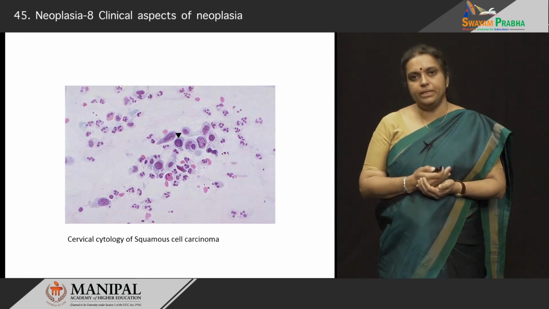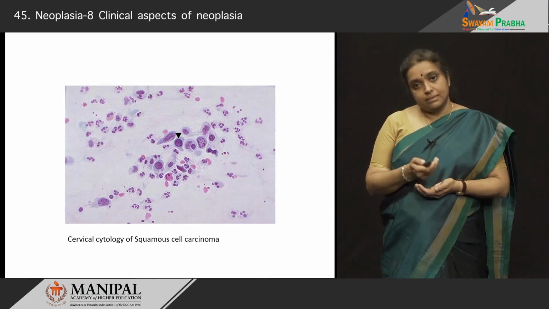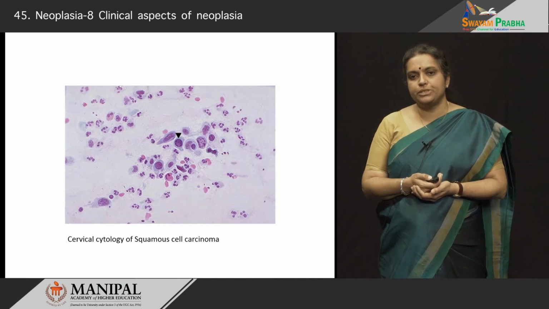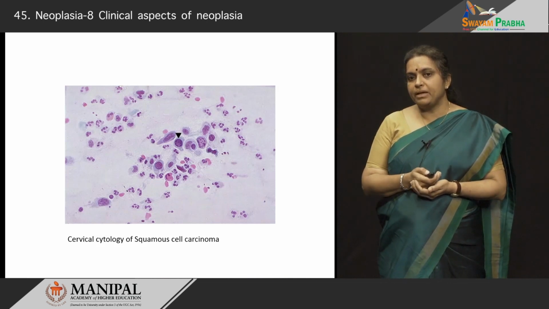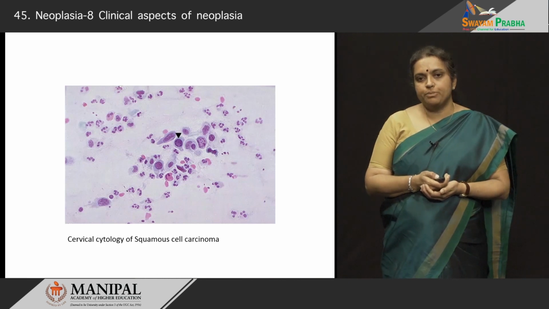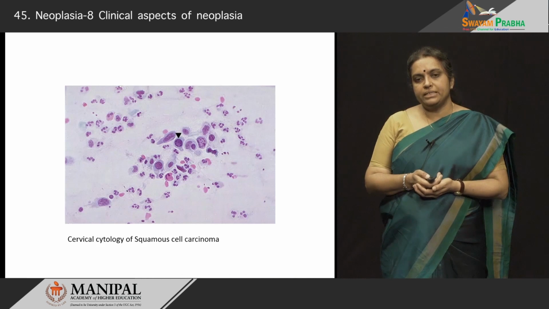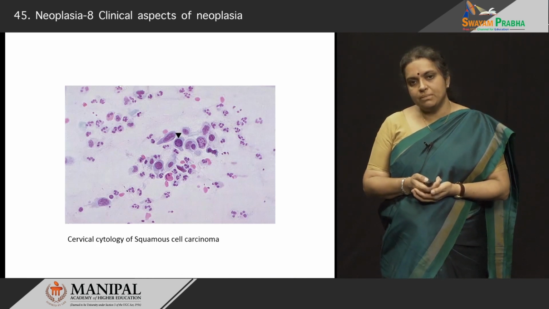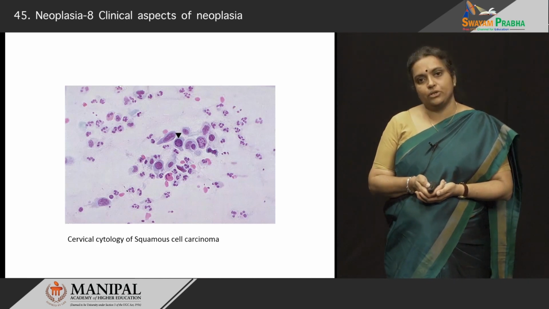So, this is a very important screening test, but this example shows a full blown squamous cell carcinoma. As you see, those cells that you are seeing have very high nucleocytoplasmic ratio, they show pleomorphism, and they are elongated and show a dense cytoplasm. These are squamous cell carcinoma cells that are diagnosed on cervical cytology.